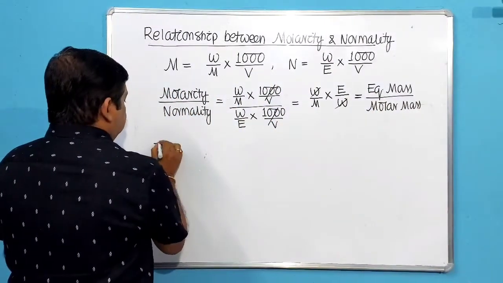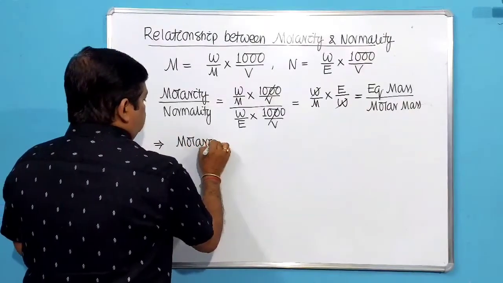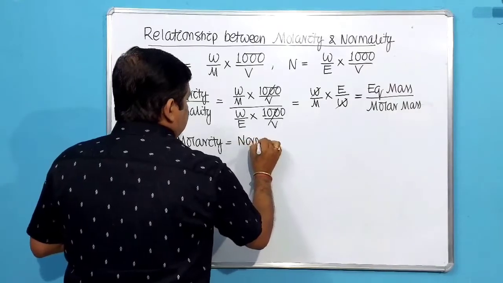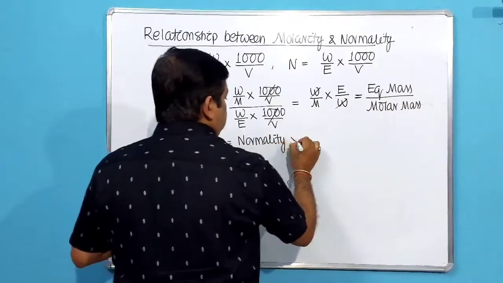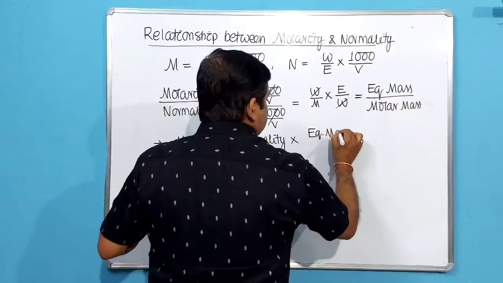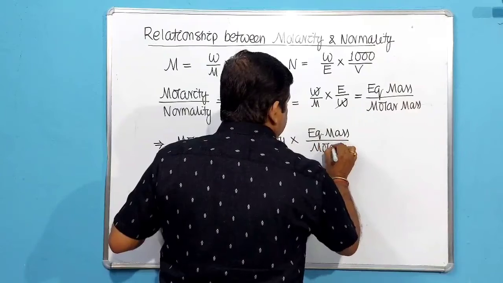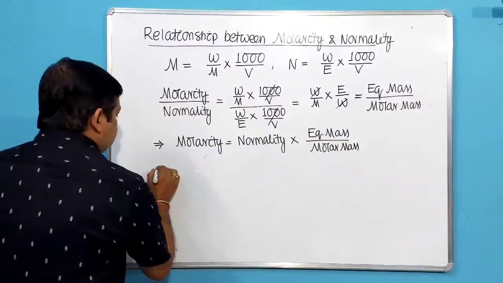So what you find? Molarity is equal to normality into equivalent mass by molar mass. We will reverse it.